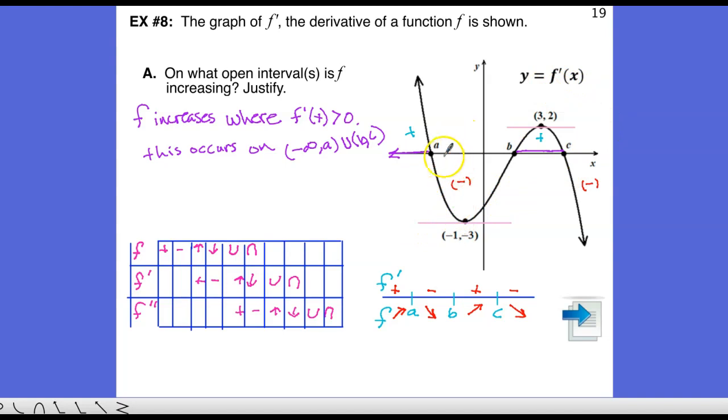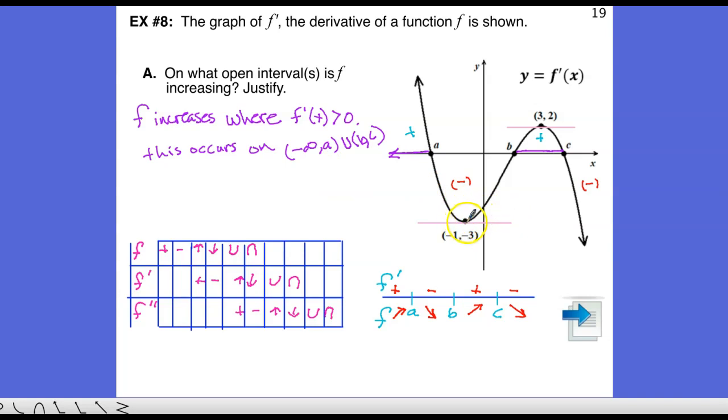While f prime has its own concavity, that is not something that we want to be thinking about in terms of the original function f. And that's a very common thing that can be confusing. So what we have to do is look at this function and ask, where are the points of inflection for the original function?